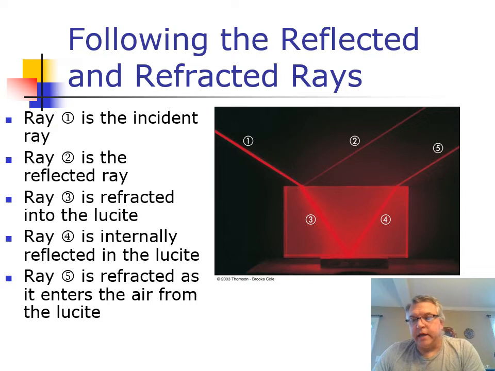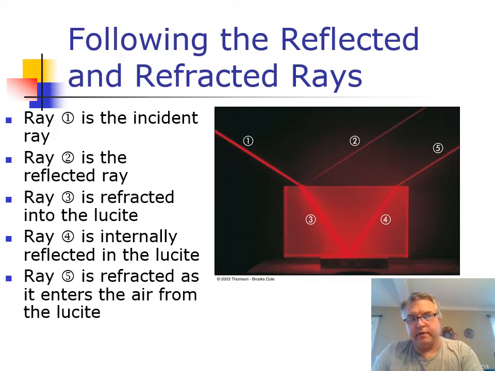Okay, this is just a diagram of an actual ray of light traveling through a lucite block. A lucite block is just something that is transparent to light. So we have our incident ray, which is number one, traveling from some source. When it reaches the boundary between the air and the lucite block, right about here, that's not working very well, is it?